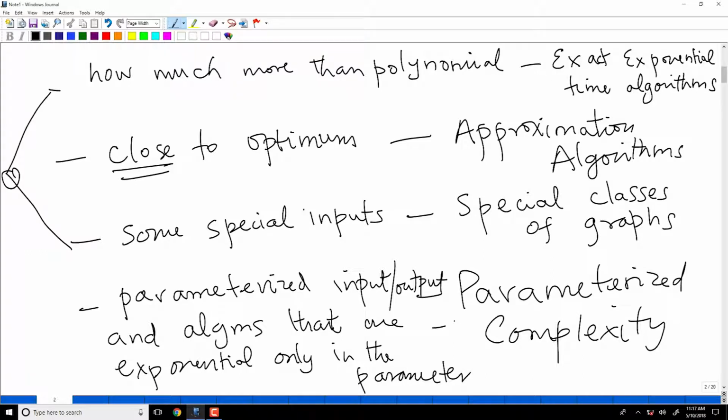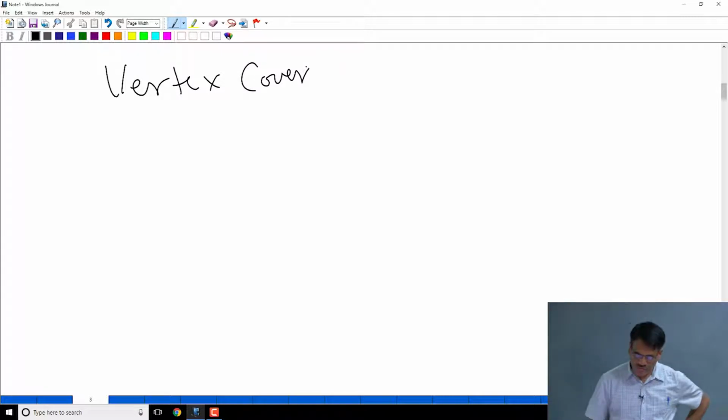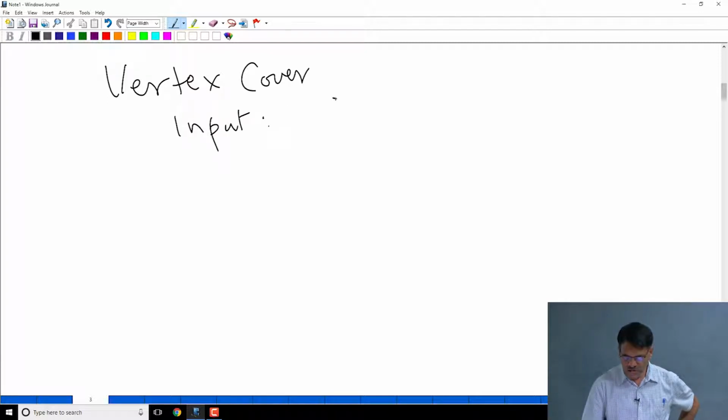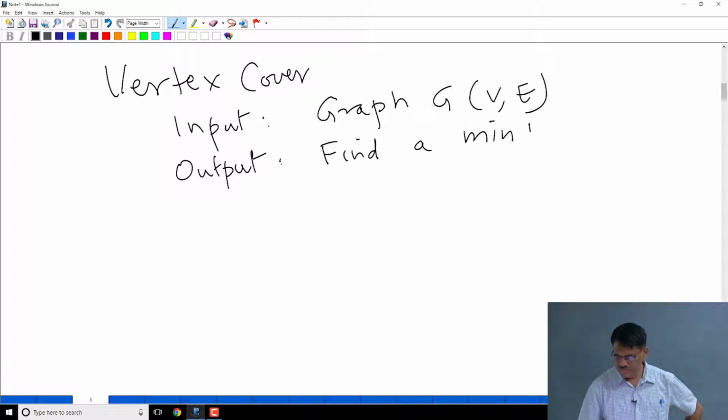Good. So you all know what the vertex cover problem is. Your input is a graph G, and there are two versions. The optimization version would be: find the minimum vertex cover. What is a vertex cover?